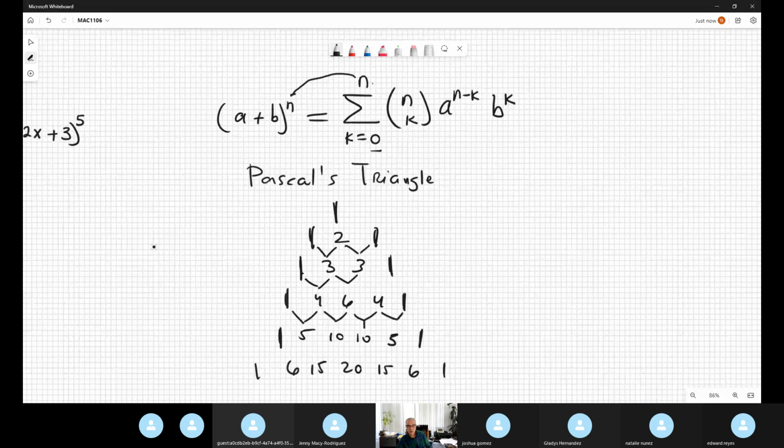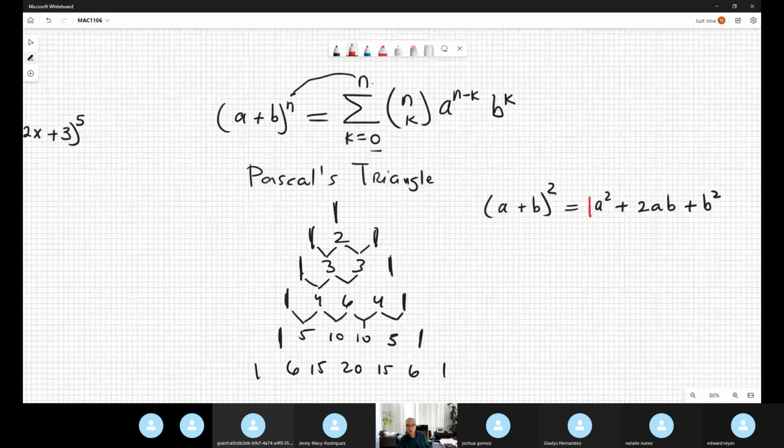Suppose that you expand (a plus b) squared. Well, you know very well by memory: a squared plus 2ab plus b squared. That coefficient, which is 1, 2, and 1, is exactly this row of coefficients, 1, 2, and 1.